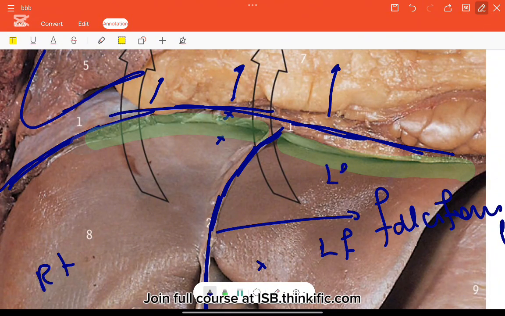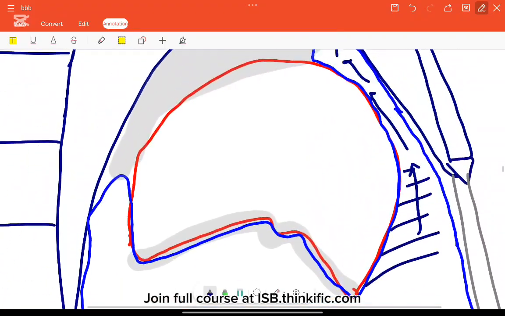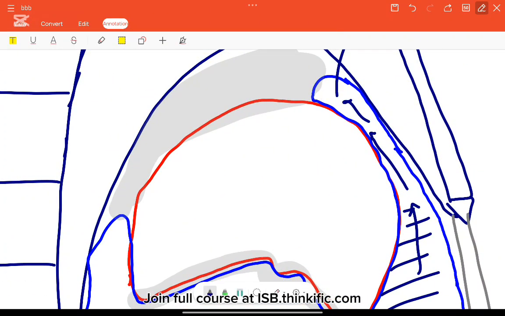So that's the left subphrenic space, that's the right subphrenic space. Now, the right subphrenic space is further divided into anterior and posterior portions. They're continuous with each other, but it's divided into anterior and posterior portions as well.